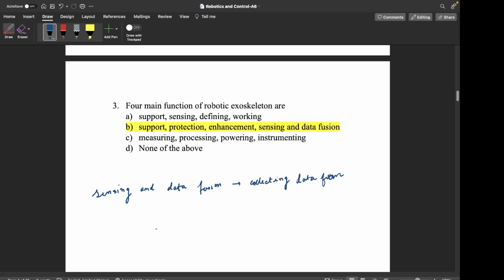from multiple sensors and processing them into actionable insights, right?